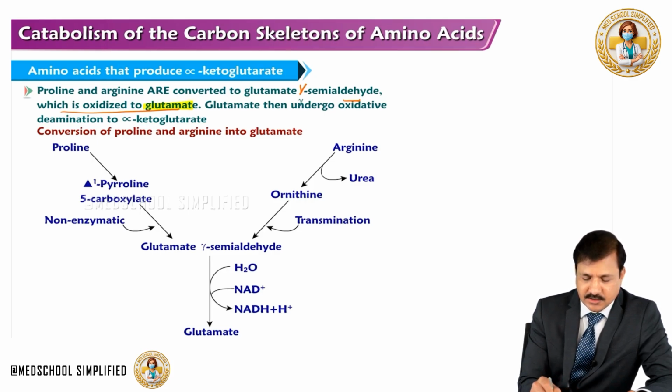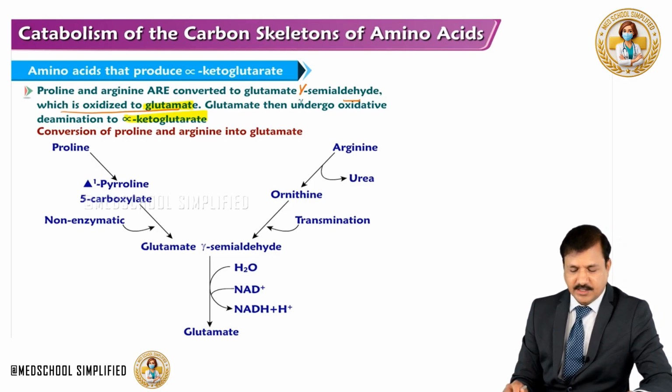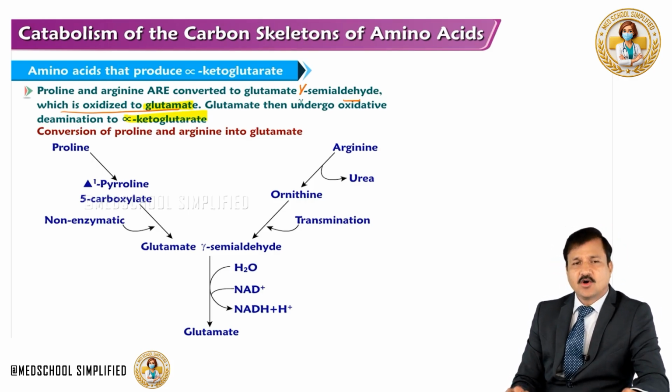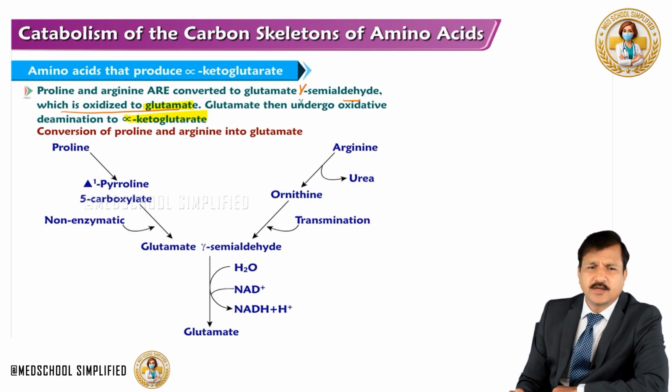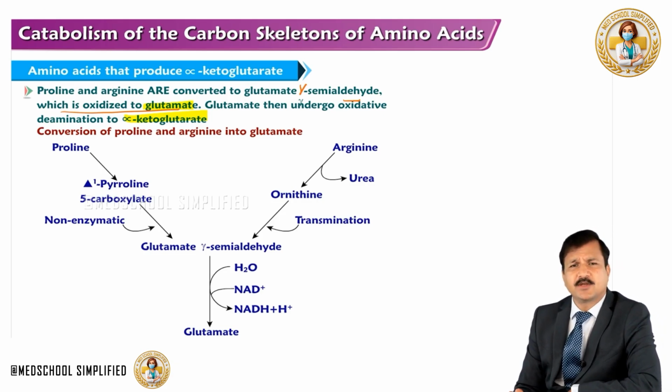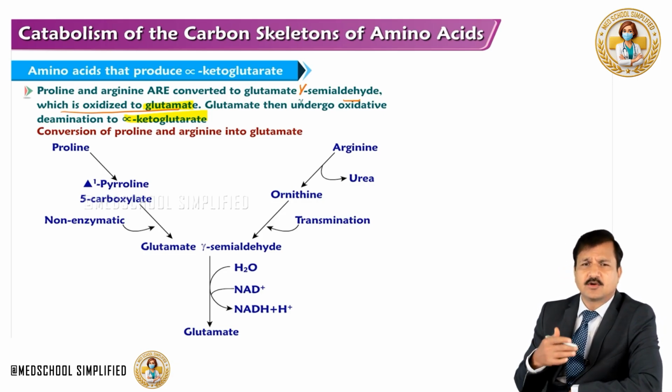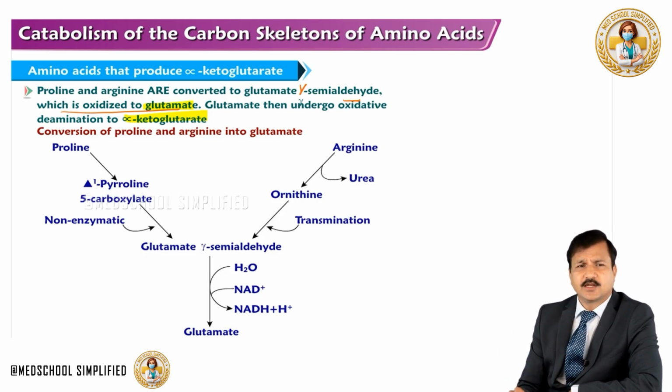Glutamate undergoes an oxidative deamination process to become alpha-ketoglutarate, or glutamate can undergo a transamination reaction to become alpha-ketoglutarate. So there are two reactions there. Let's see how proline goes into glutamate gamma semialdehyde and glutamate, and then how glutamate goes into alpha-ketoglutarate.